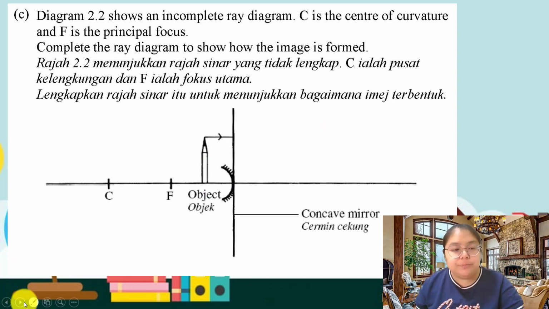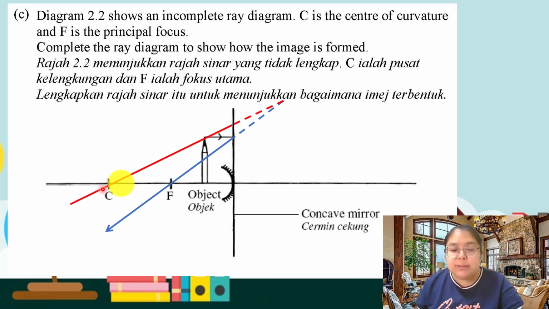We draw the first ray, parallel already, then go to find F, then we extend because part 4 you cannot get it. Then it becomes open wider. We continue with the third ray from the C, an object that goes straight, then you also extend until you can cross. After you cross, this is part 2.